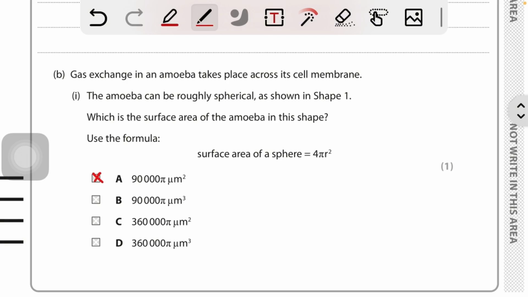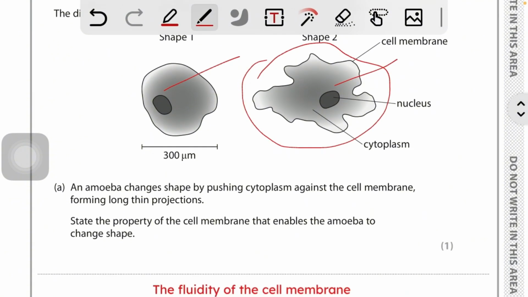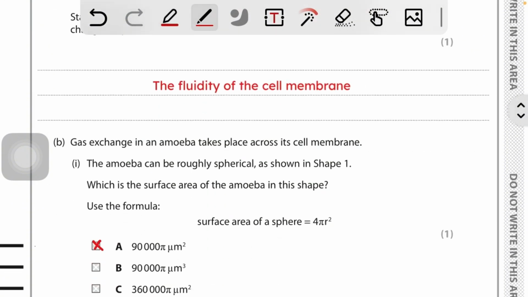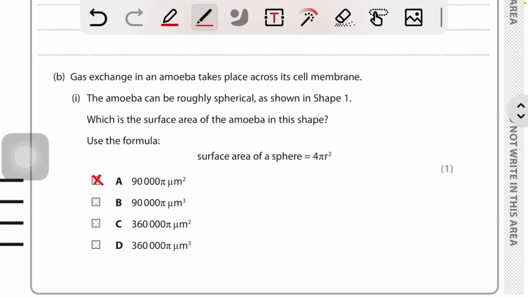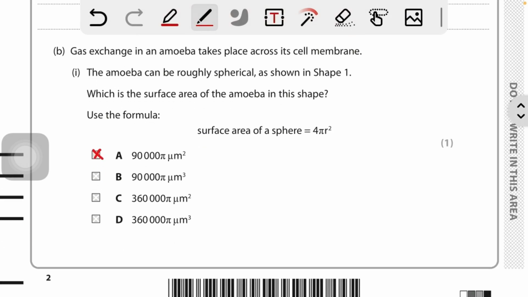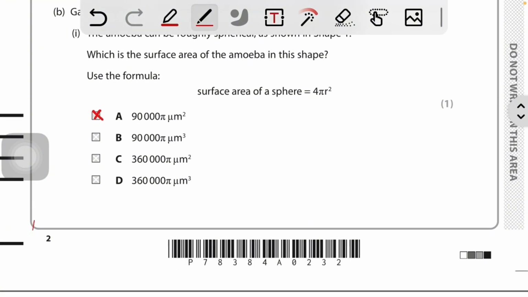Use the formula: surface area of a sphere is equal to 4 pi r squared. So over here you just need to measure the radius. It's already given, 300, right? Radius squared. So you just do the calculation, 4 into pi into radius squared. So it is 90,000 pi micrometres cubed.